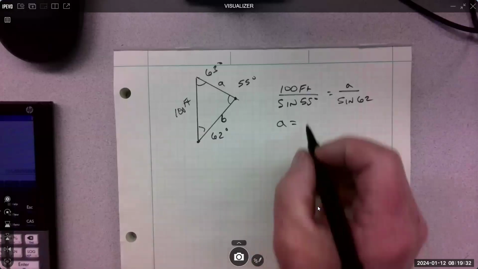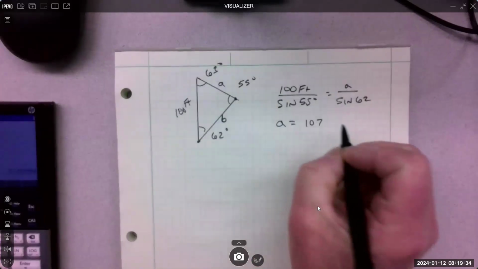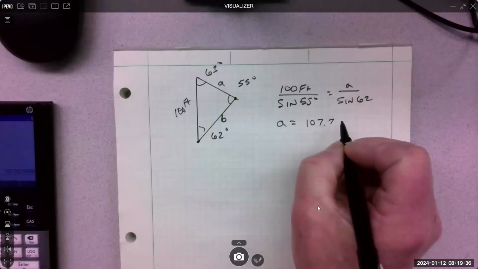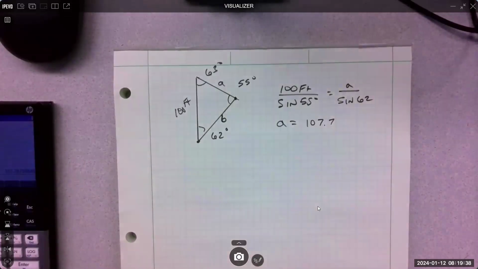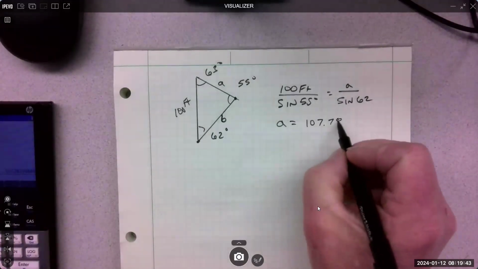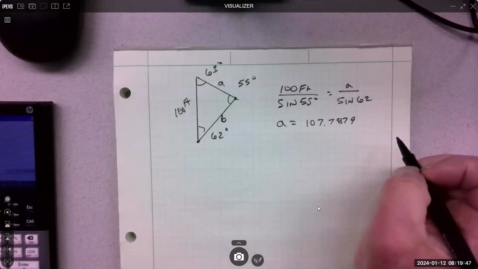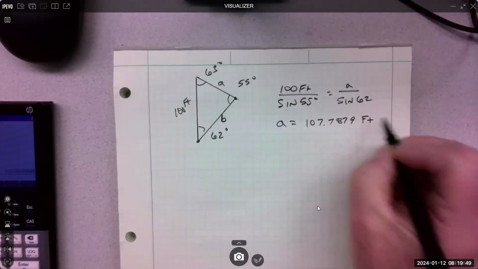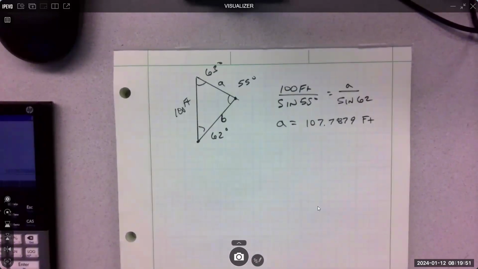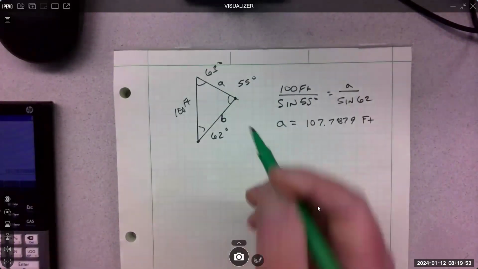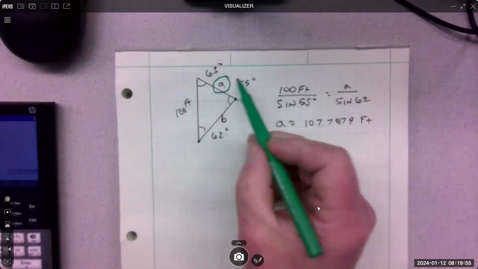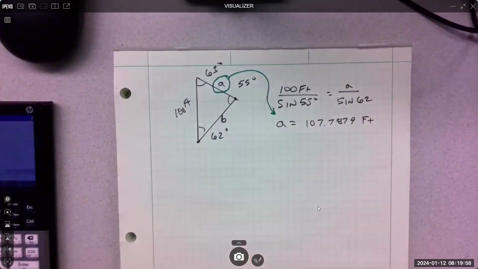Yeah, I get 107.4 feet. So this one is A, opposite of the 62, if you're trying to keep track of this.